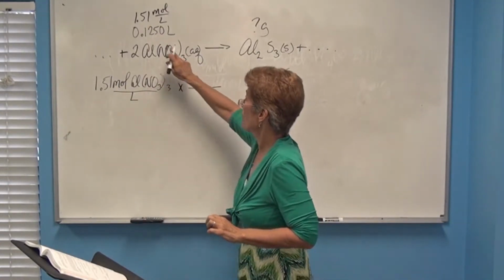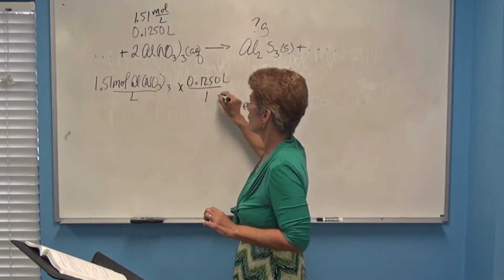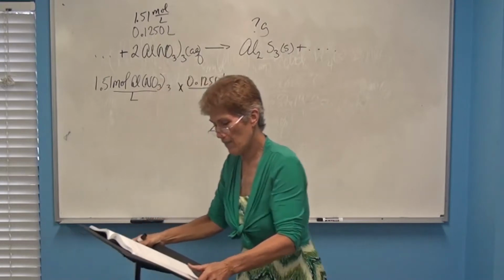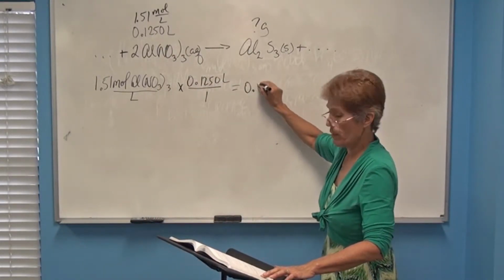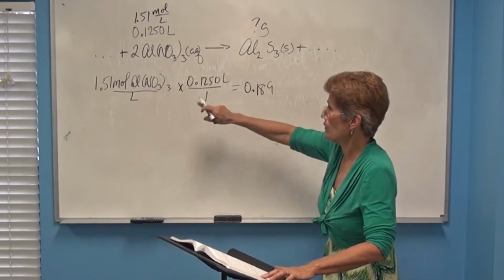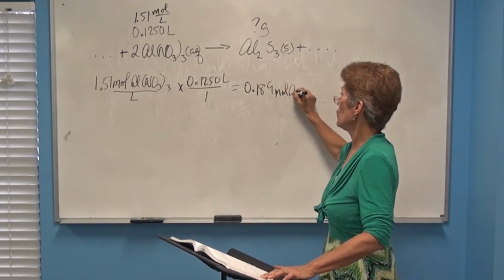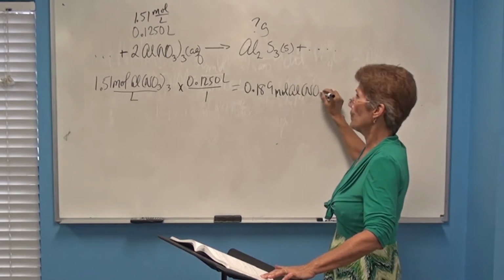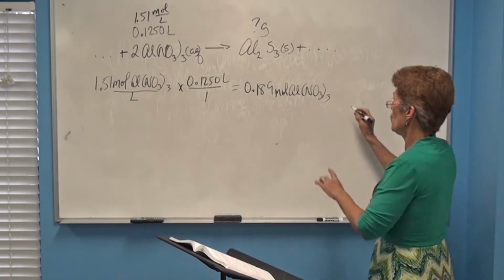Times, and I'm going to multiply it by the liters. And that's going to give me my moles. So 0.189, 3 significant figures, because there's 3 back there. That gives me my moles of aluminum nitrate. Then I can go across the mole bridge.